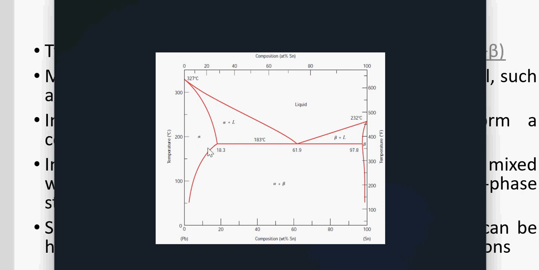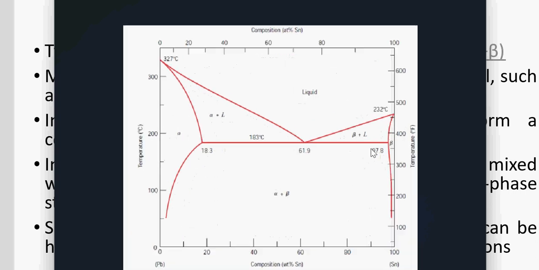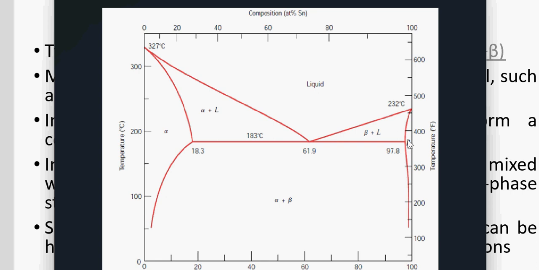But as it crosses this line, it means the solubility limit of tin in lead is exceeded, and so it will appear as alpha and beta. At this point, you can see a very small region. This is a region of higher percentage of tin with lower percentage of what? Copper. So here copper is small in this region, and the copper is soluble in the tin. But as you move from this small region to this region, the copper is no more soluble, so it will appear as alpha plus beta.